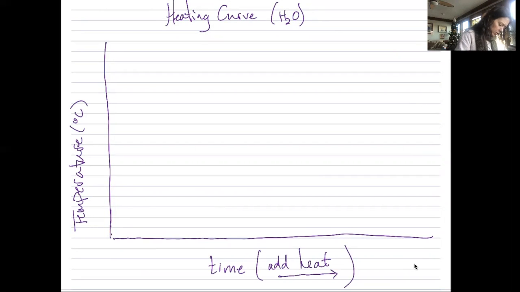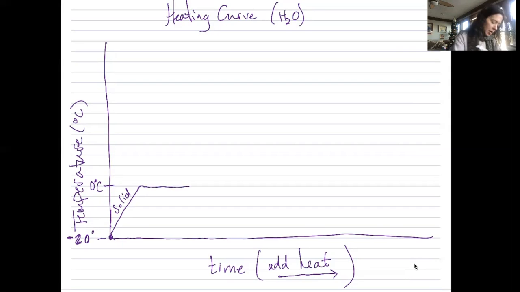Well, let's say that we start at a temperature that's below freezing. Let's make that negative 20 degrees Celsius. Well, we know that if this is water and it's negative 20, it's going to be a solid. And we are going to add heat to that solid, and we're going to see its temperature go up, right? So right here, we have the solid present. We have ice. Once that solid gets to 0 degrees Celsius, it's going to start to melt.